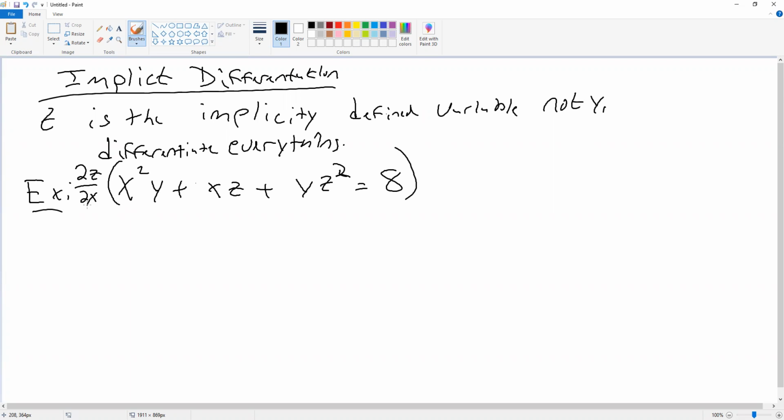So we're going to implicitly find our partial with respect to x first, and then we have to find our implicit with respect to y. What about z? Oh, right, z is the dependent variable. So we only have to do z if we had a fourth variable. Yeah, right. So this right here is bad notation.